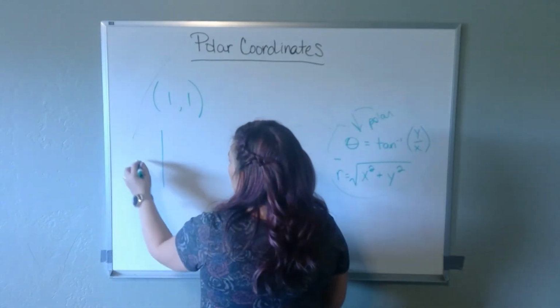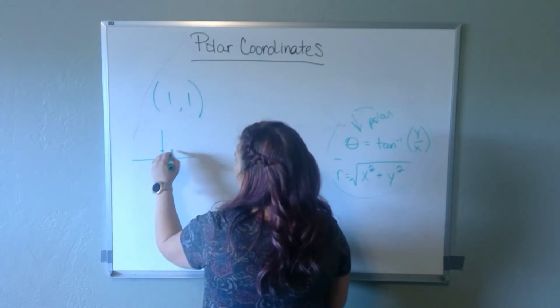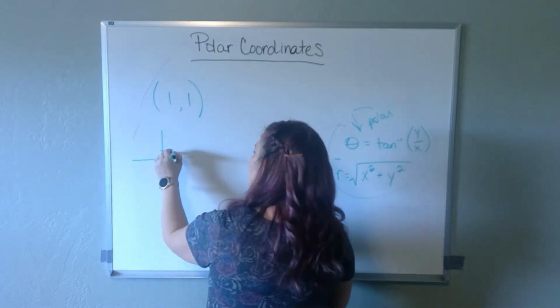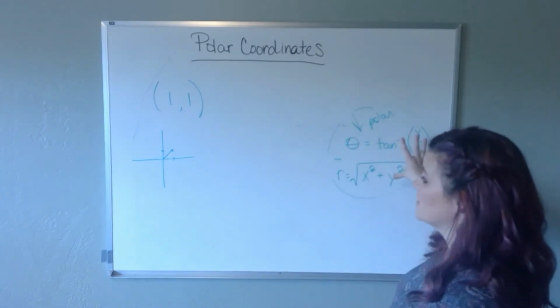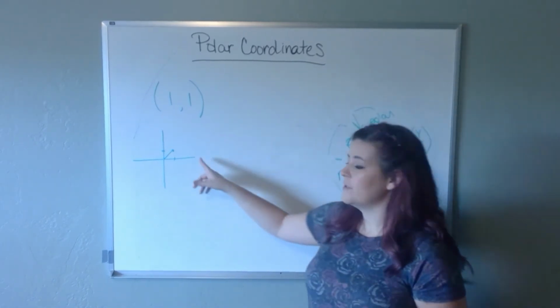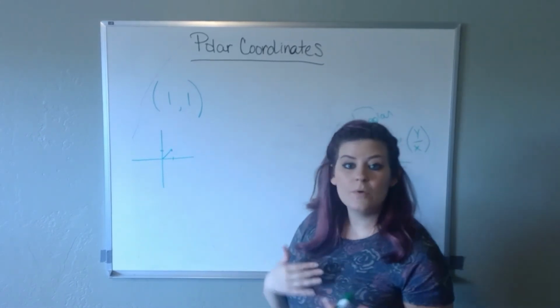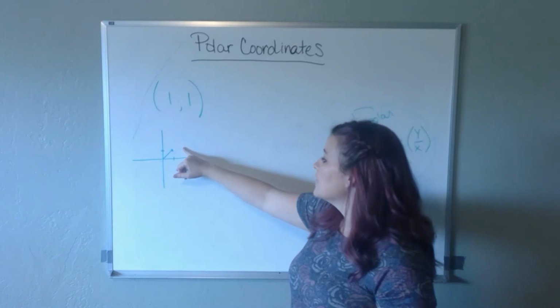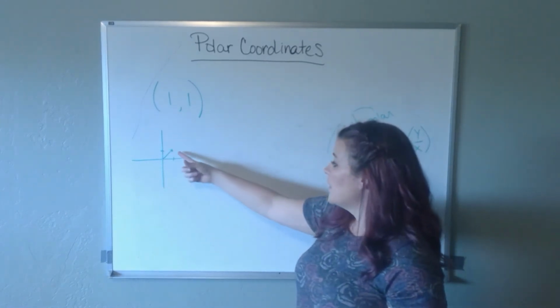I would always start by making a little sketch of your point and the direction your point is going. When we find the inverse tangent, sometimes we have to work with that to get in the right quadrant. But anyway, so make a little sketch. What am I looking for? I'm looking for a point with a first quadrant angle and positive r.